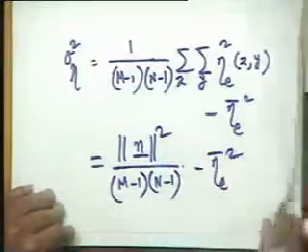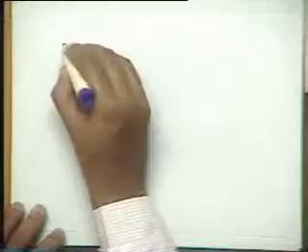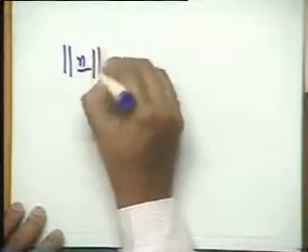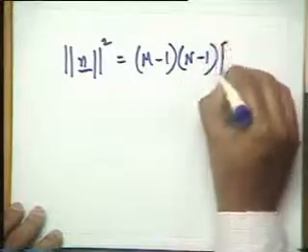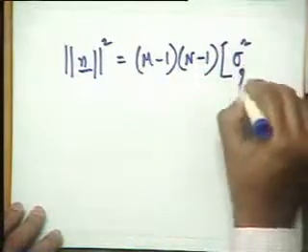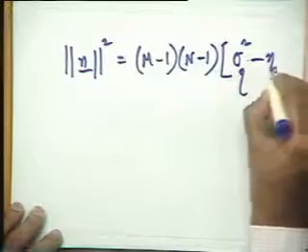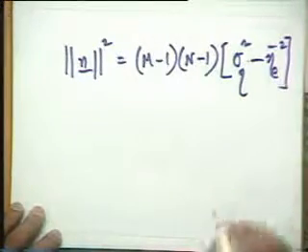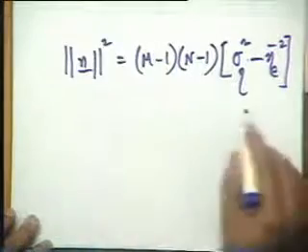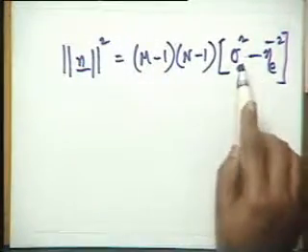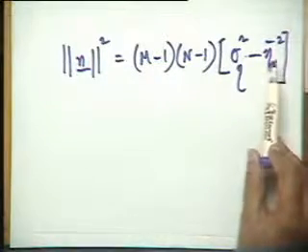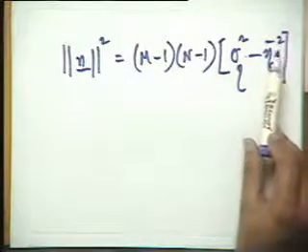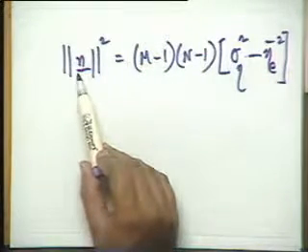Or rather, from this expression we can get n square as (m minus 1)(n minus 1) times sigma square eta plus eta e bar square. So if the noise variance sigma square eta and the mean noise eta e bar square are known to us, we get an idea of n square.